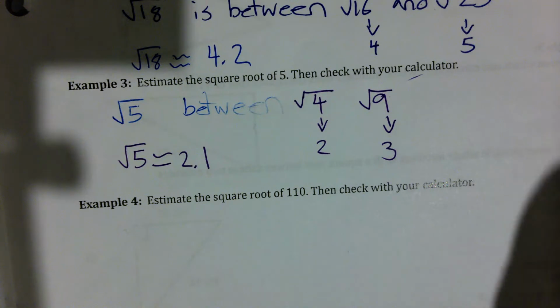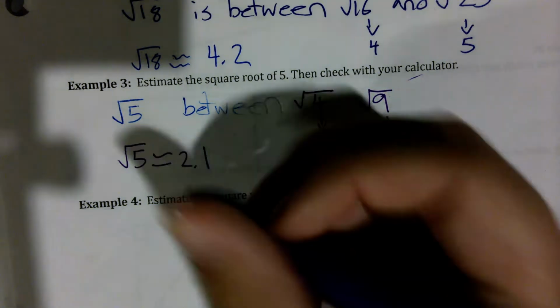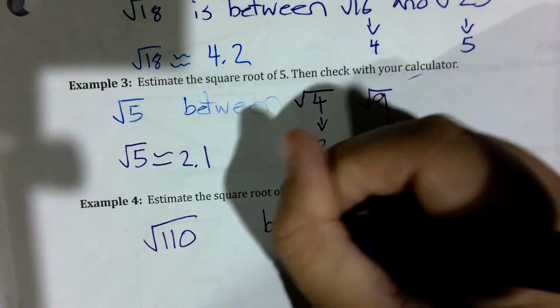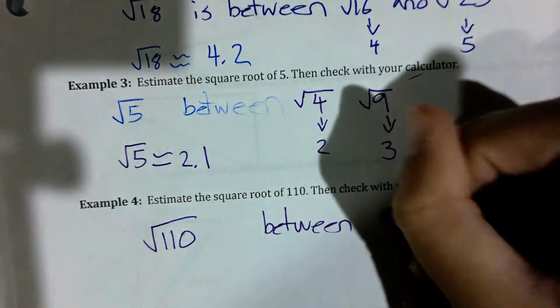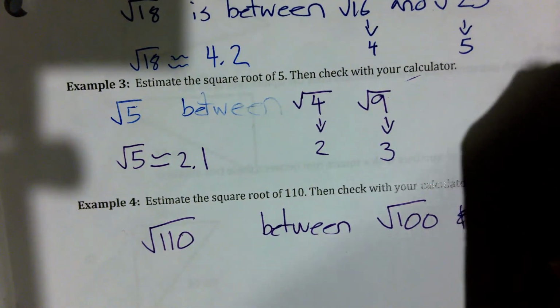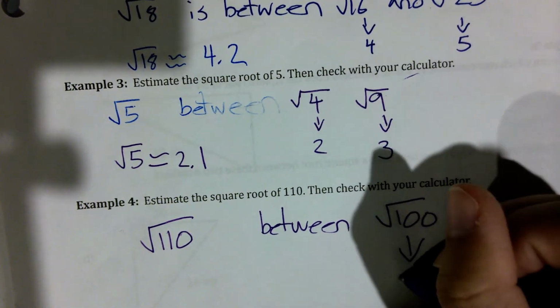Estimating the square root of 110. I completed this yesterday. 110 is between the square root of 100 and 121. Square root of 100 is 10.